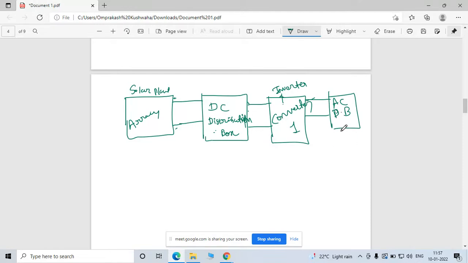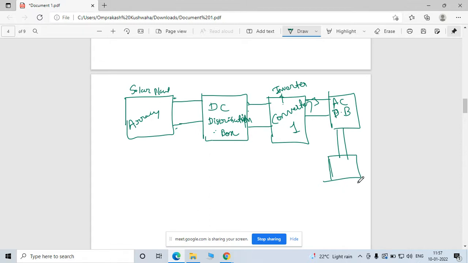Now this variable AC you have to fix. So we further transfer this to the ACDB, the AC distribution box, and the output of this AC distribution box is connected to the CTPT.